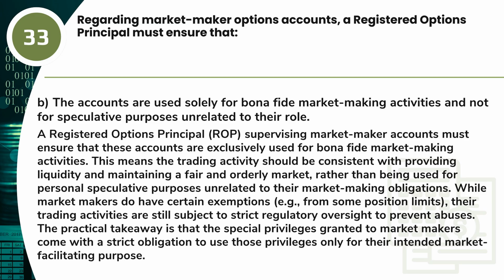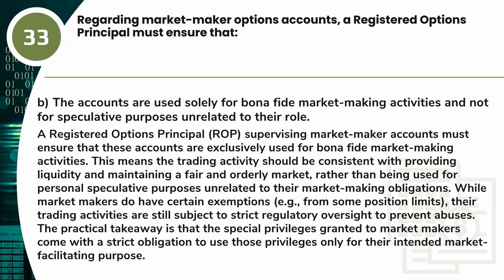Answer: B. The accounts are used solely for bona fide market-making activities and not for speculative purposes unrelated to their role. Explanation: A registered options principal (ROP) supervising market maker accounts must ensure that these accounts are exclusively used for bona fide market-making activities. This means the trading activity should be consistent with providing liquidity and maintaining a fair and orderly market, rather than being used for personal speculative purposes unrelated to their market-making obligations.